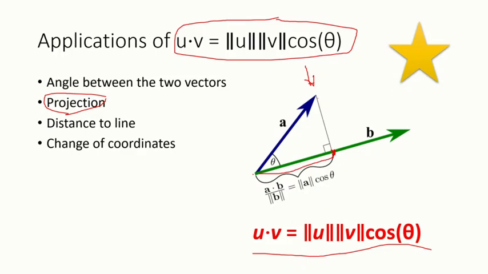So that's my current coordinate system. I have the x-axis and y-axis. I have this beautiful A vector here. Okay, so what are the coordinates for A?